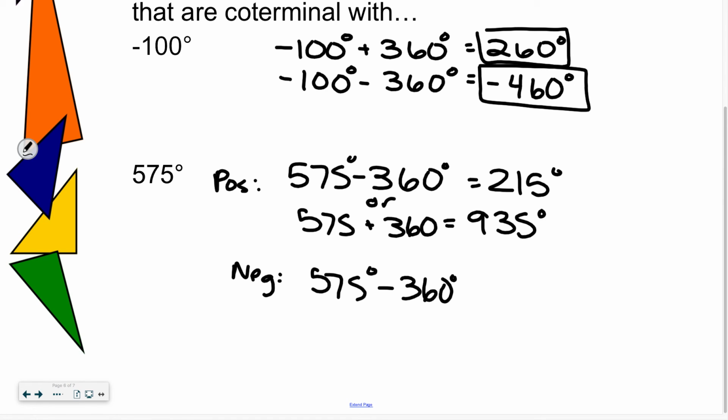So then I just have to subtract 360 again. So you may have to add or subtract 360 lots of times to get to the sign, the positive or the negative. Did anybody do that? What is 215 minus 360? Negative 135? Negative 145. Thank you, Jayla.